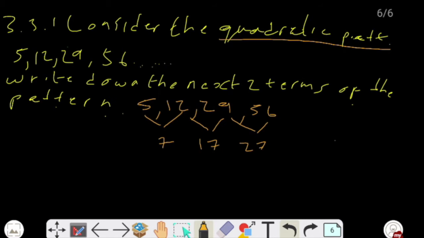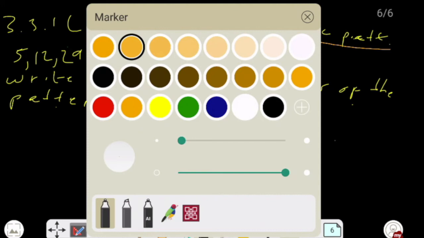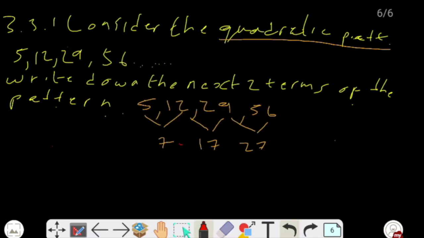Now you can check it for yourself. Is there a constant difference between these terms? Between these terms, there isn't, right? Between these terms, you can check it and say 17 minus 7, which is 10, and then 27 minus 17 is 10.